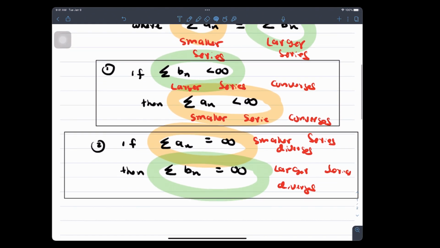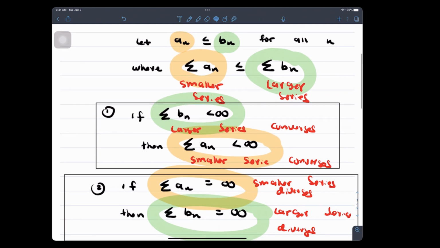Okay, so this is what we say by comparison. Generally speaking, that's very hard to show, generally speaking. Very difficult to show.